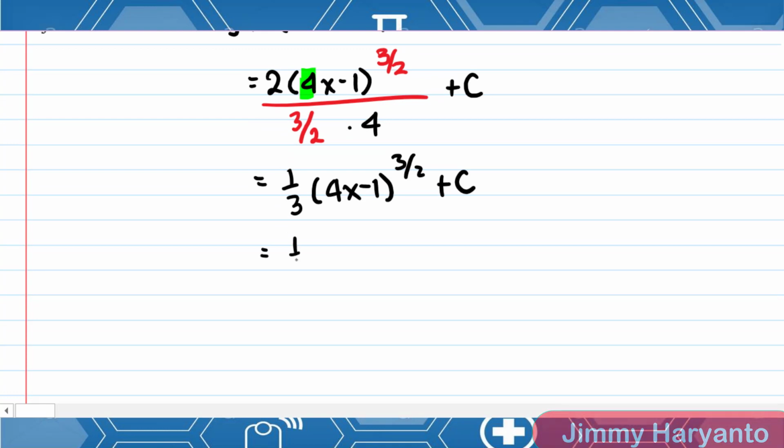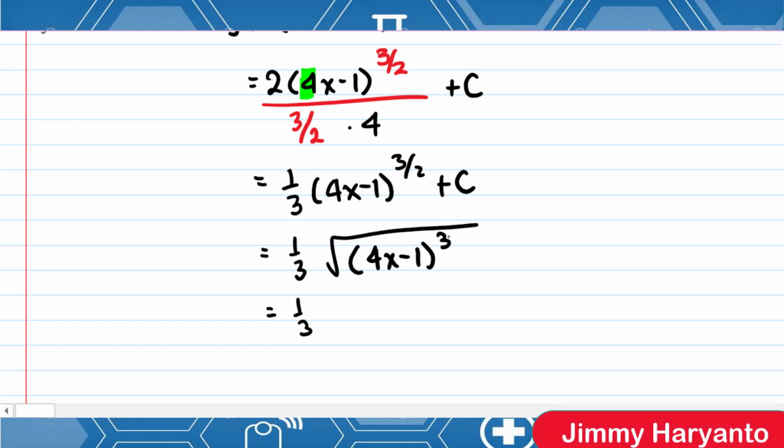After that, maybe you can change the power into square root one more time: square root of (4x - 1) to the power of 3. And then maybe you can factorize the 4x - 1: (4x - 1) to the power of 1 times square root of 4x - 1. Where did this come from?